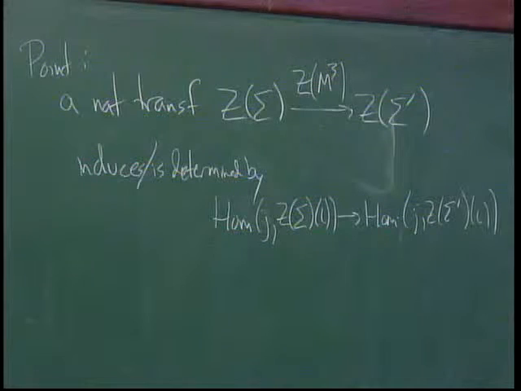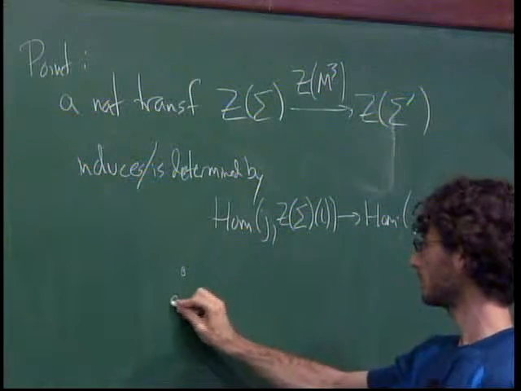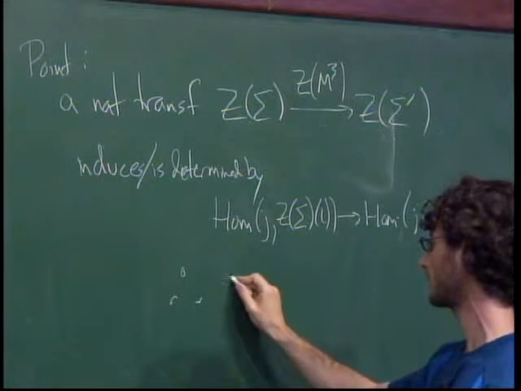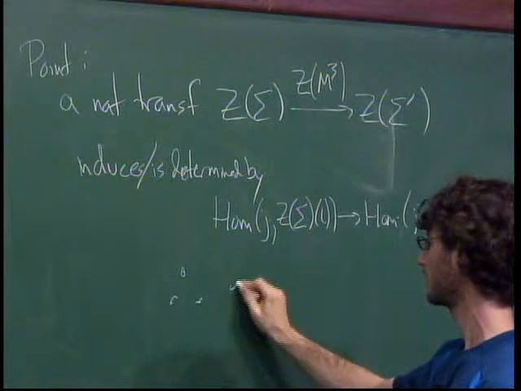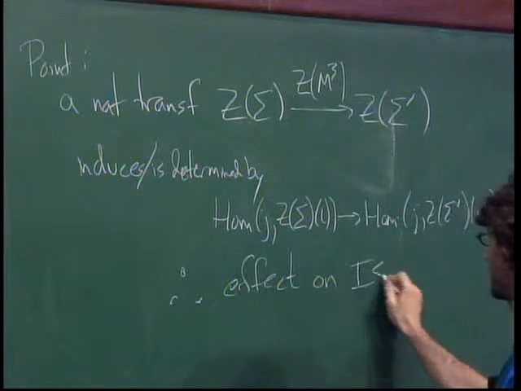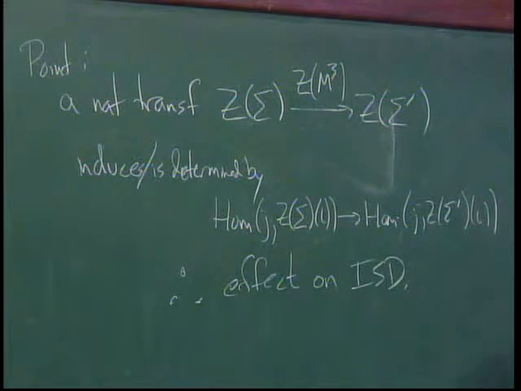Again, that's not something deep. It's something you just need to think about. And so therefore, if you believe this fact, it's determined by their effect on these internal string diagrams.